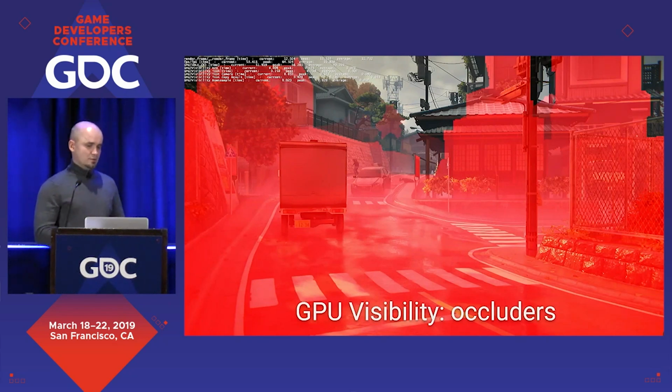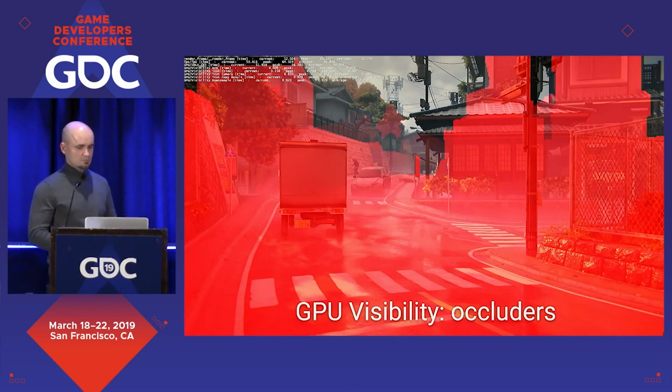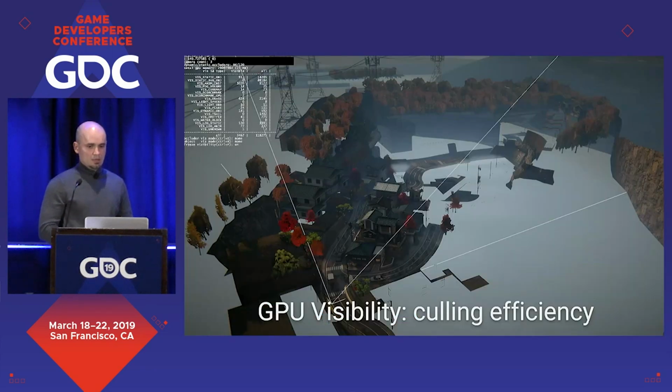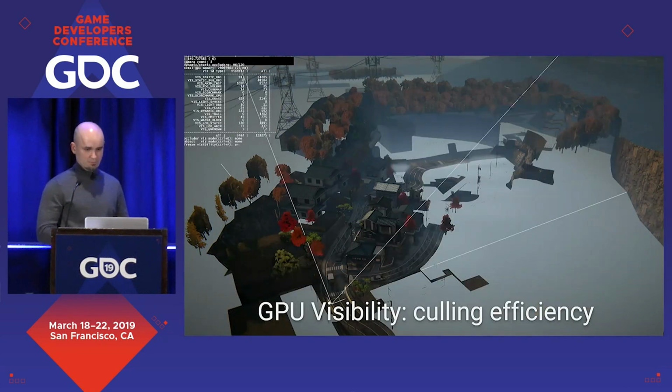And then each particular object's B-box screen extents are used to choose a MIP level from that hierarchy and to do the occlusion test. Here's the same spot from the outside. That way our artists can visually check the efficiency of their occluders.